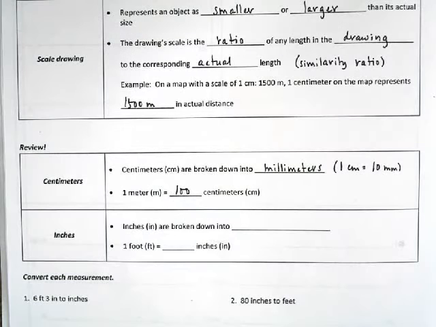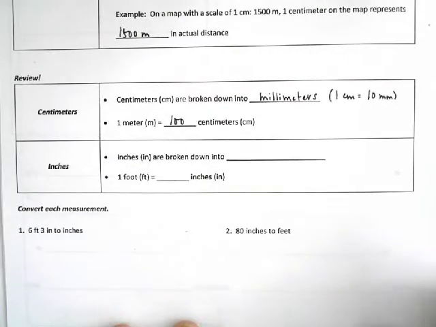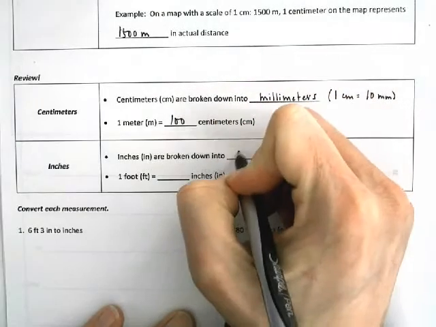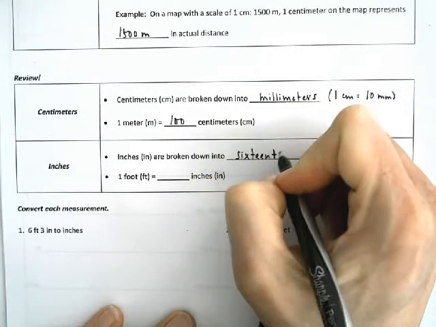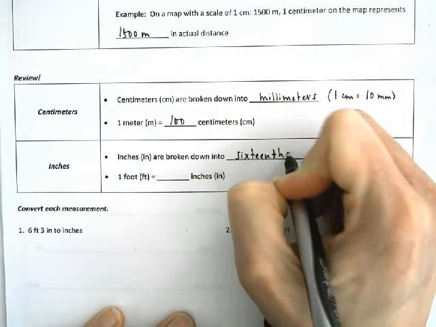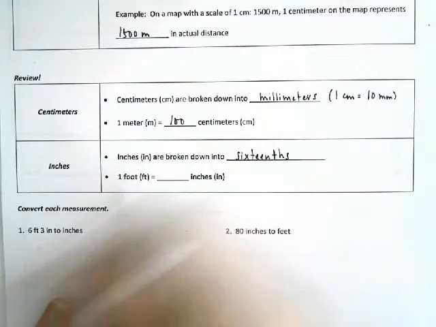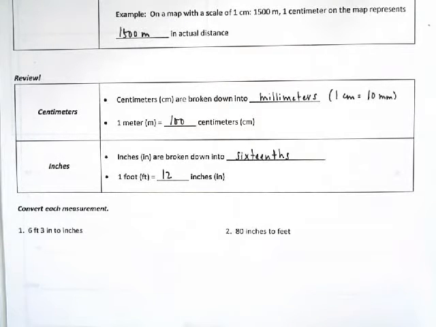Centimeters and meters are pretty easy to work with because meters are based on 100. We have to do a little more work when we're measuring in inches and feet, because inches are broken down into 16ths. So it's not quite so nice like centimeters, which are broken down into tenths. Here we have 16ths. And then we know 1 foot equals 12 inches. And we'll be using that quite a bit in this section.